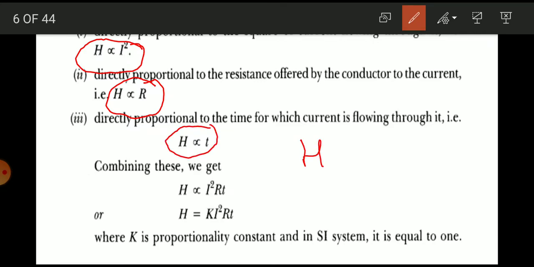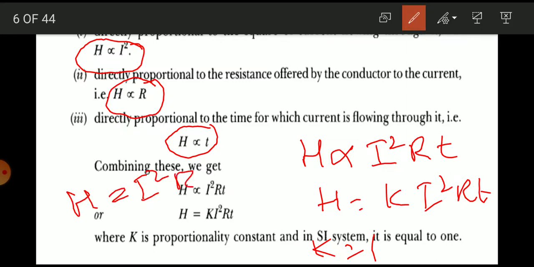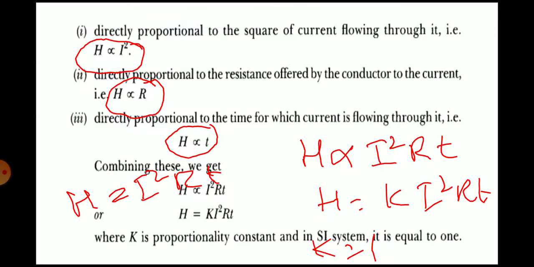So heat, meaning work, is directly proportional to I square R T. H is equal to K I square R T, where K is the proportionality constant, and in the SI system it is equal to 1. So work is equal to I square RT.